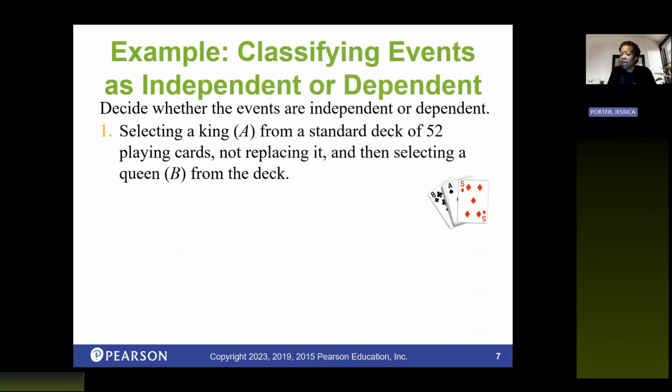So let's decide whether these events are independent or dependent. Number 1, selecting a king from a standard deck of 52 playing cards, not replacing it, and then selecting a queen from the deck.